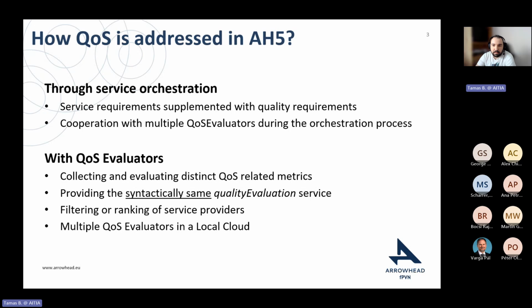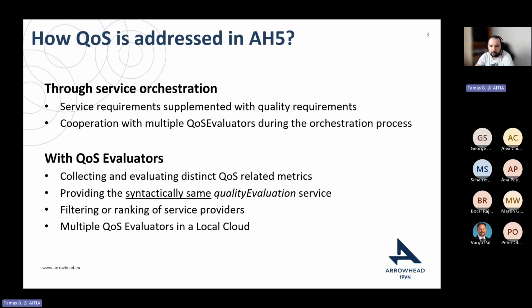These supporting systems are responsible for collecting and evaluating QoS-related metrics on well-defined domains. Each of them provides a syntactically same, but under the hood different, service, which makes it possible for the orchestrator to consume this service regardless of knowing the exact domain.